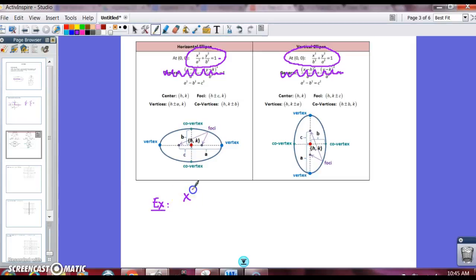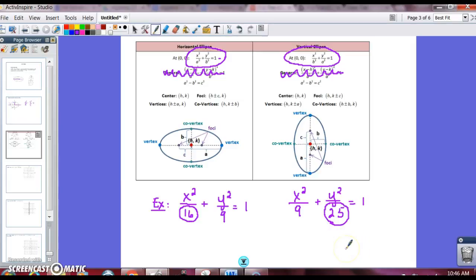So if I have x squared over 16 plus y squared over 9 equals 1, I know that that ellipse is horizontal in nature because the larger number is under x squared. However, if I had x squared over 9 plus y squared over 25 equal to 1, I know that my ellipse is a vertical ellipse because the larger number is under the y squared.